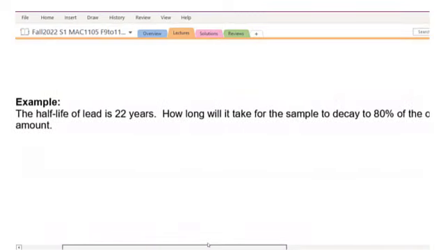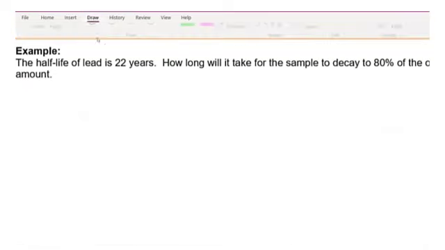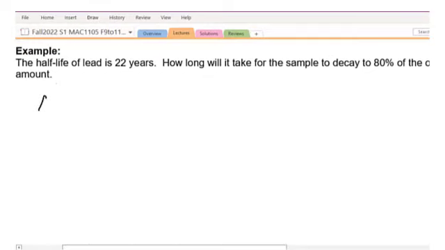Okay, whenever they talk about decay rate, you know that you're going to use a model of the form A equals A sub 0 e to the kt, where k is negative. But how to find k is one of the first things you have to figure out.